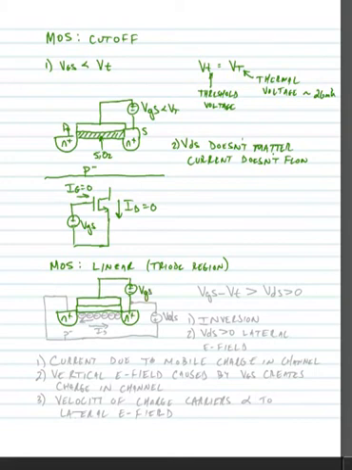And now we're going to say that the gate to source voltage minus the threshold voltage is going to be greater than our drain to source voltage, which are both going to be greater than 0. In other words, our gate to source voltage is greater than the threshold voltage.